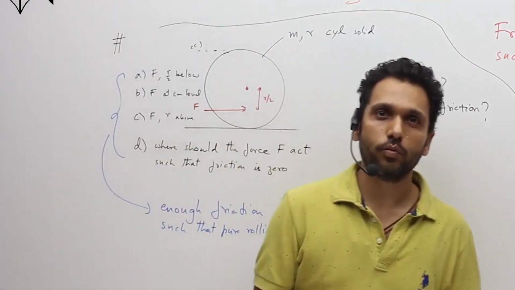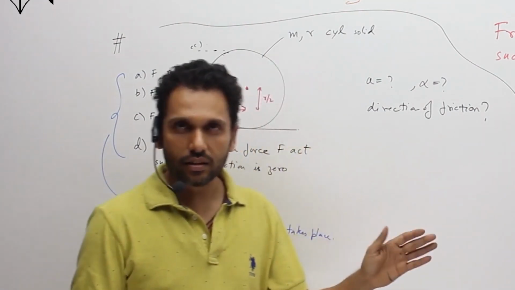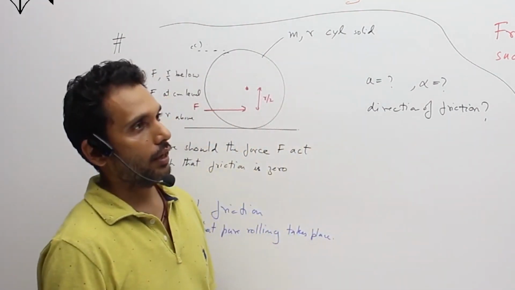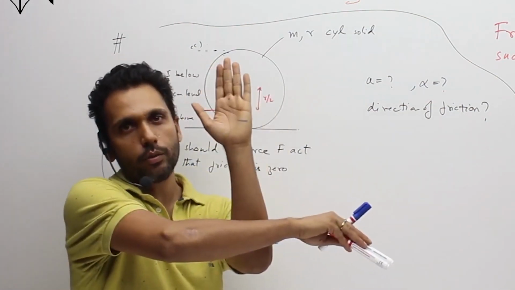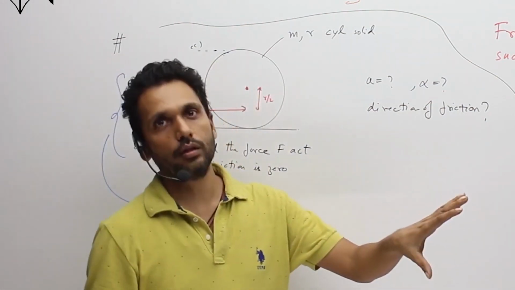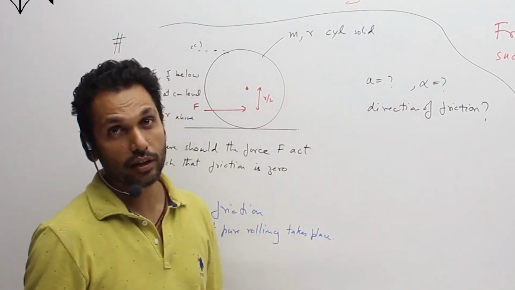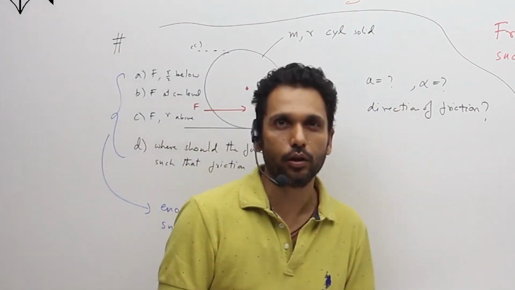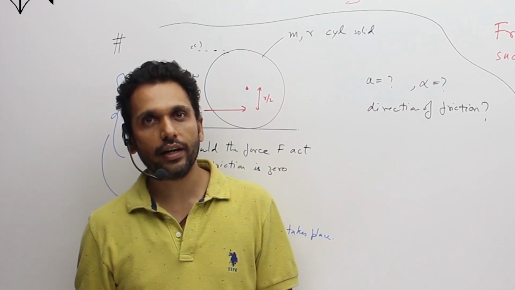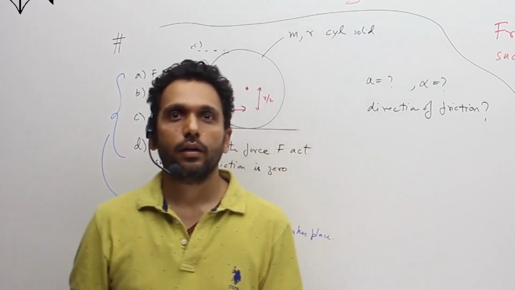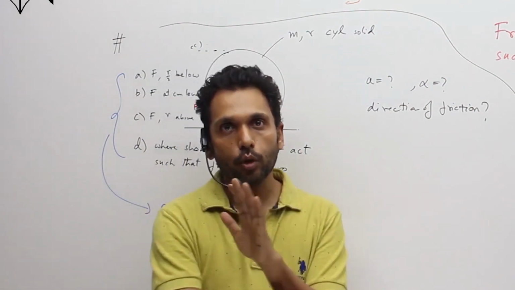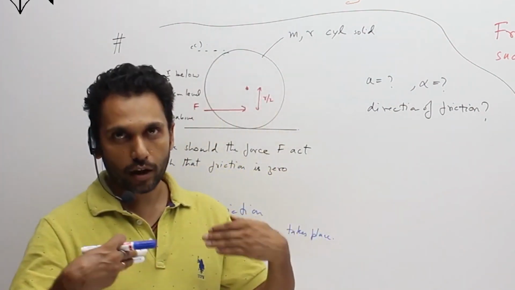In all these questions, what you have to do is write the translational equations like F is equal to ma in at least one direction or both the directions which are perpendicular to each other. So along the motion and perpendicular to the motion. If required, then perpendicular to the motion direction you may write or you may not write. So generally it completes your working when you have written both the directions.